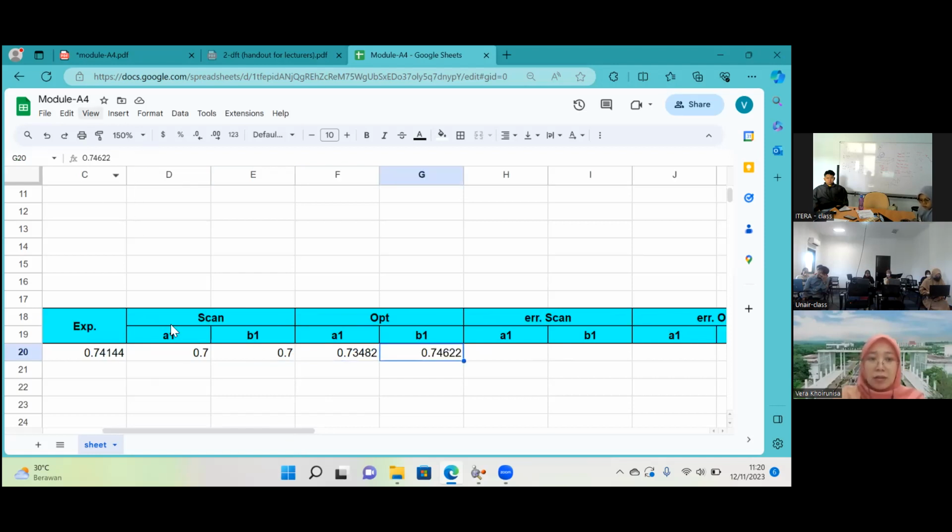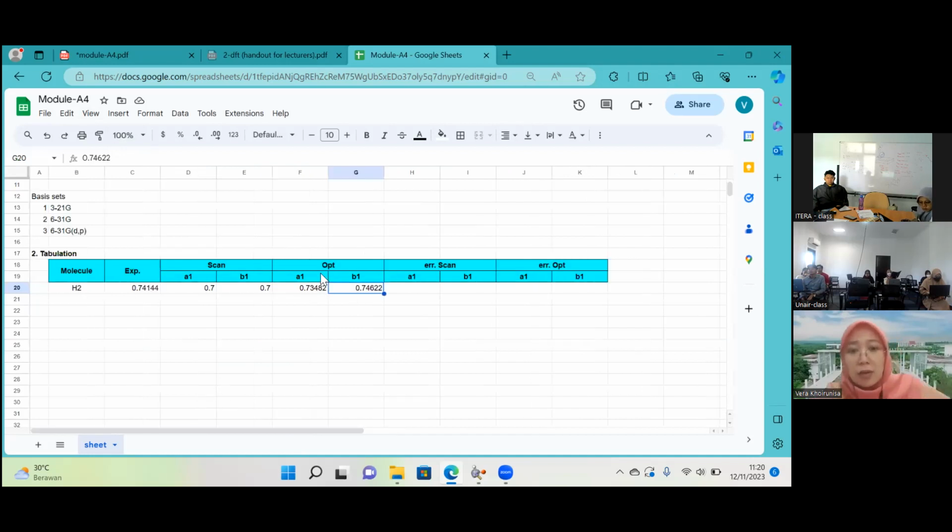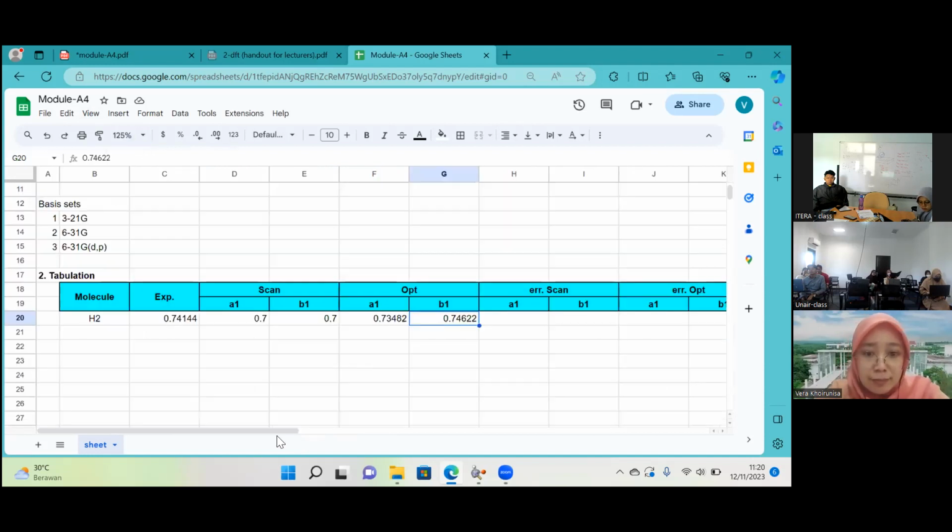And now, how to calculate the error? Okay, the error will be, so for SA1, our number minus the experimental, and then divided by the experimental. Okay, enter.